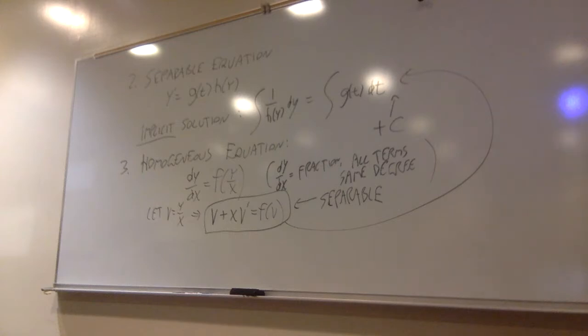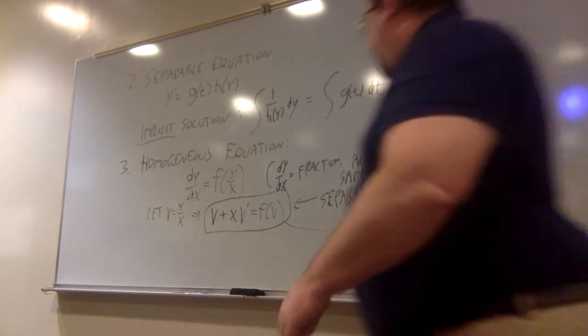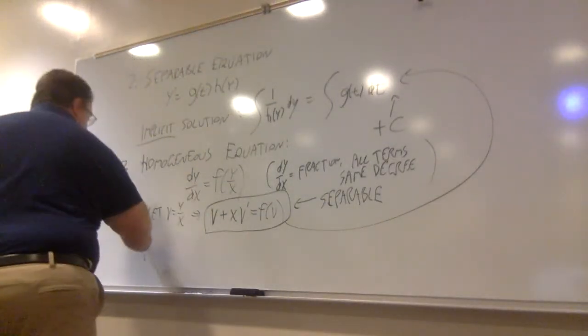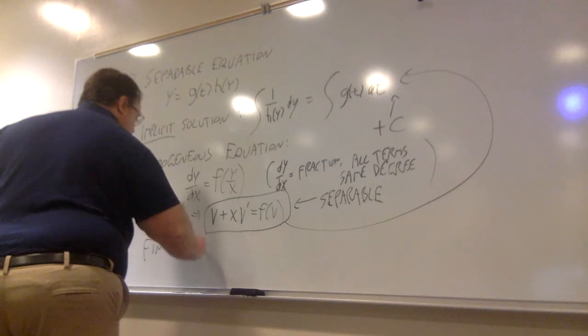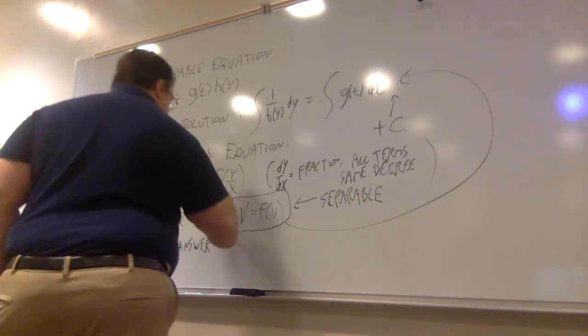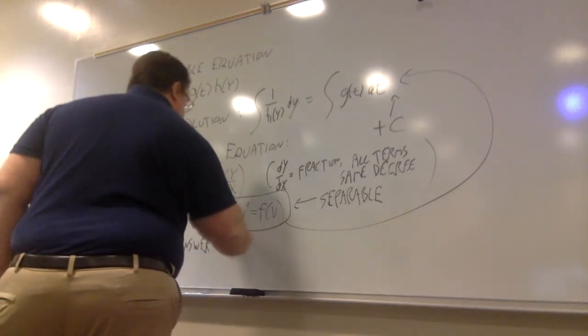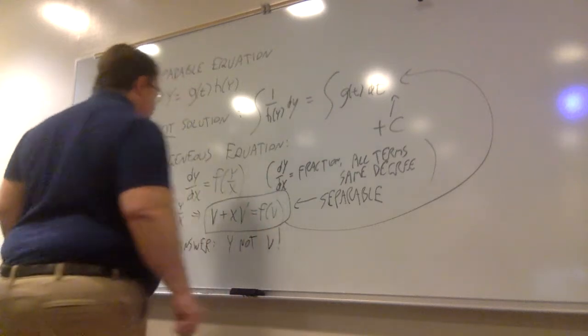And because it's separable, and I've already said implicit solution is okay for separable, it's okay here for this type of problem also. But there's one cautionary tale. Your final answer must be in terms of y, not v.